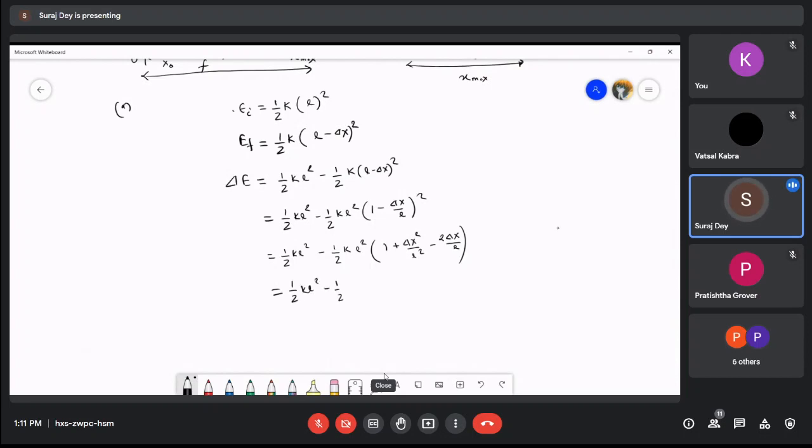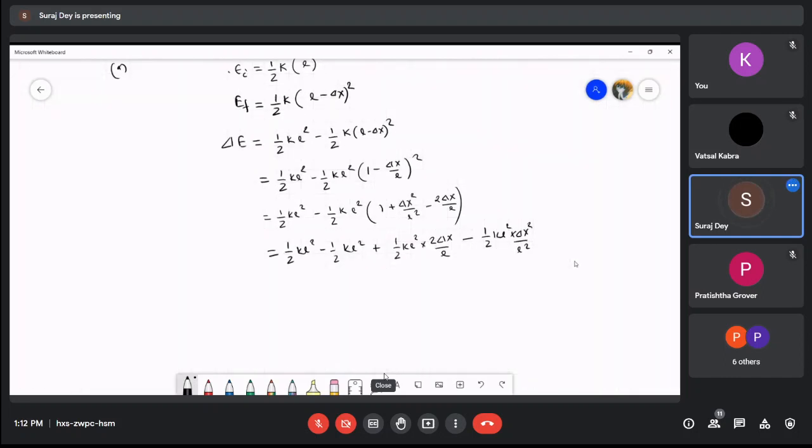Now if I multiply these terms, for the first term I'll have half k L squared times 2 delta x over L, minus half k L squared times delta x squared over L squared. So the 2 will cancel and I can cancel the L, so the loss will be k L delta x.